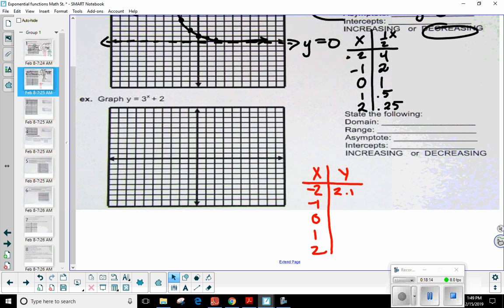Okay, so 3 to the x plus 2, and then we want to figure out those characteristics. Okay. Too far.